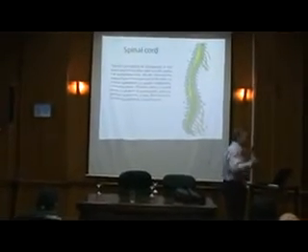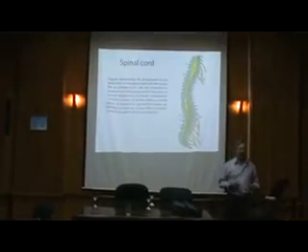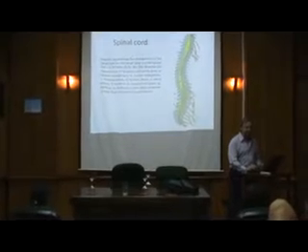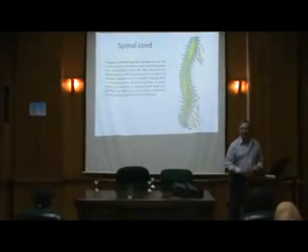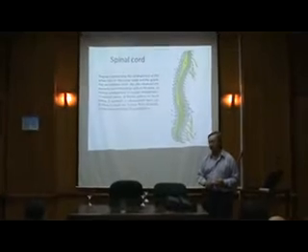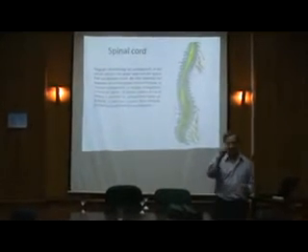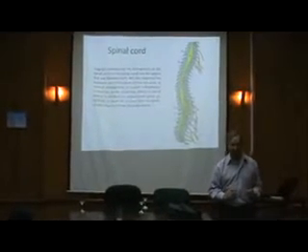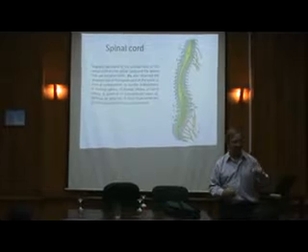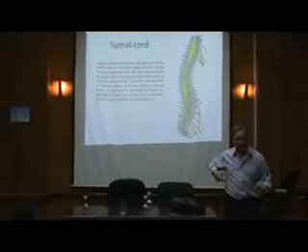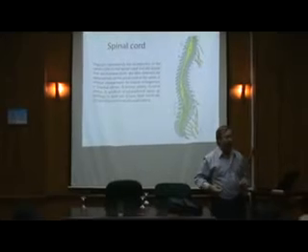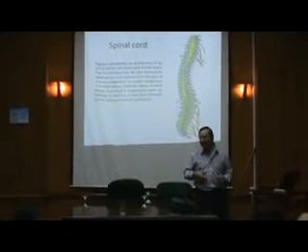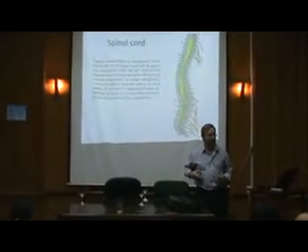Along the whole spinal cord, we have pairs of spinal nerves, one on each side. What this means is that each segment of the spinal cord receives sensory information from a band of skin tissue, and also controls a band of muscular tissue.